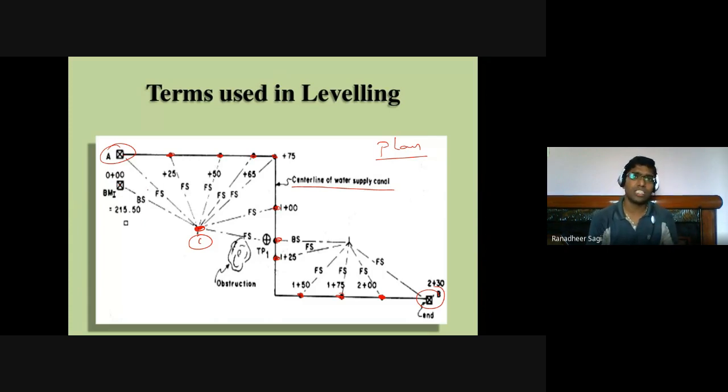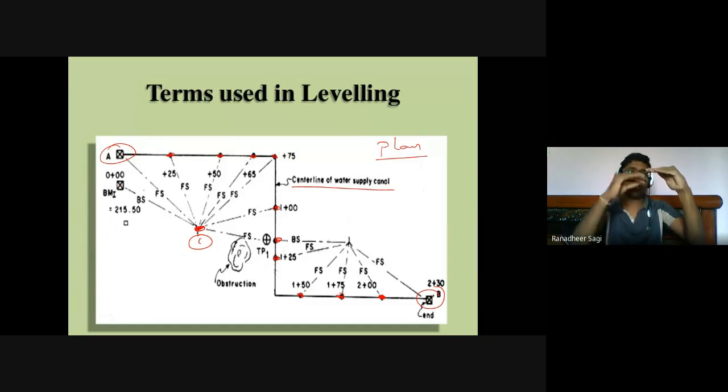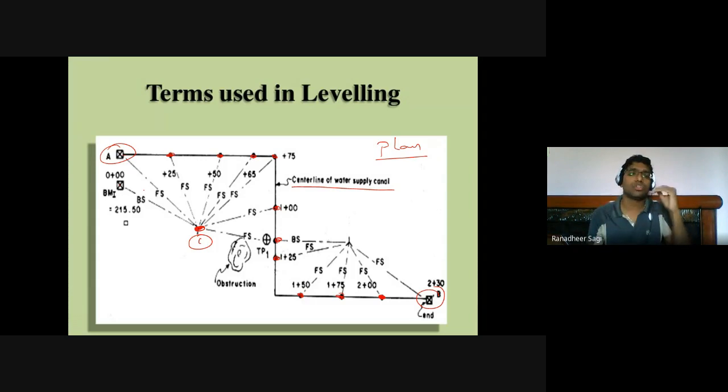What does this word benchmark mean? A benchmark is a point whose elevation from the reference is known. It's a standard reference point whose elevation from the reference datum, or from mean sea level, is known to you.